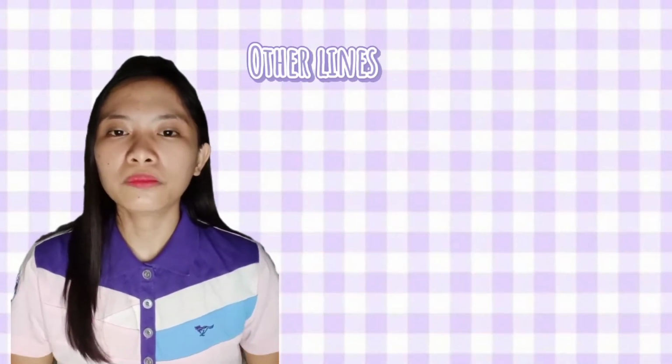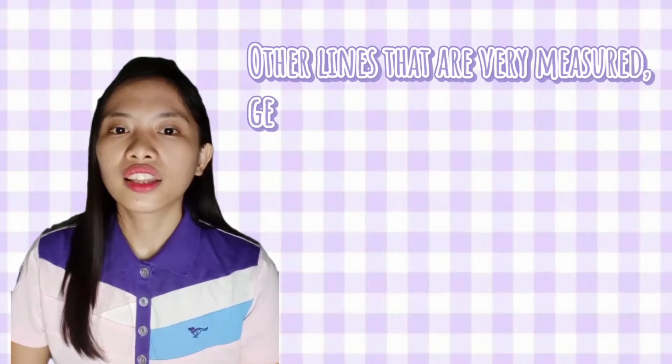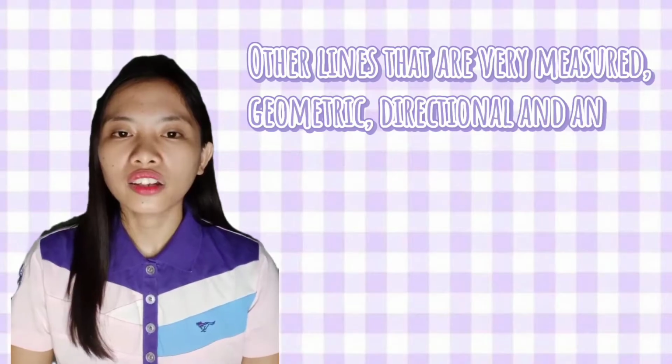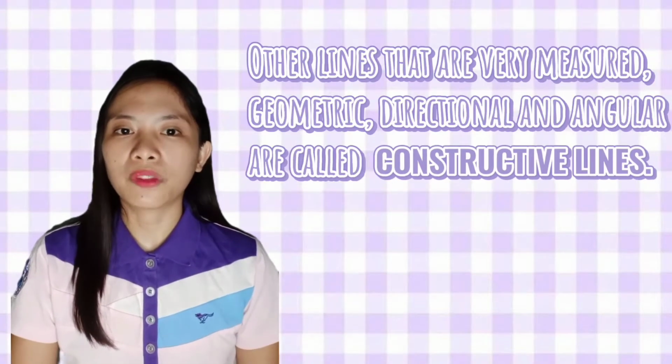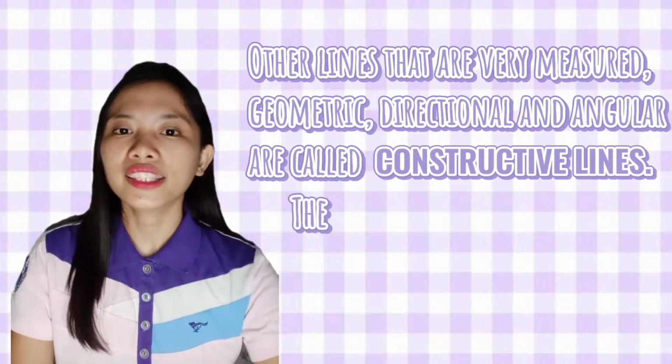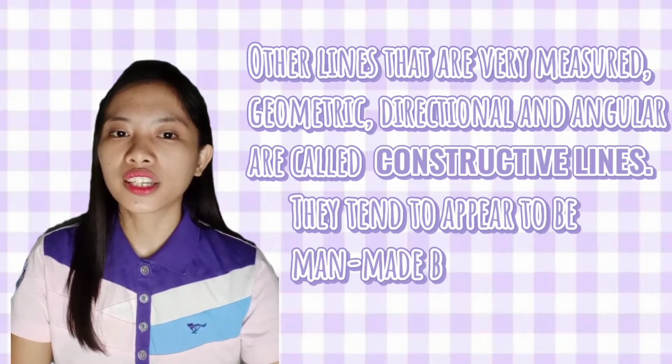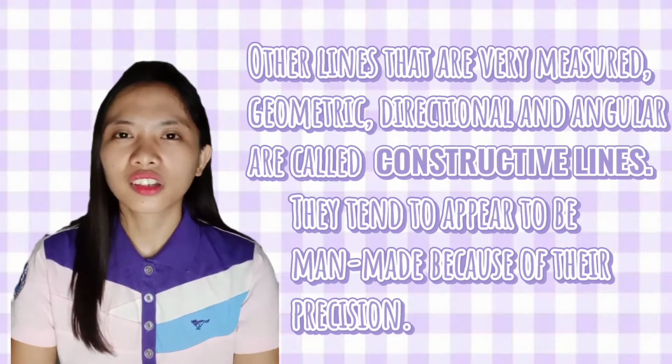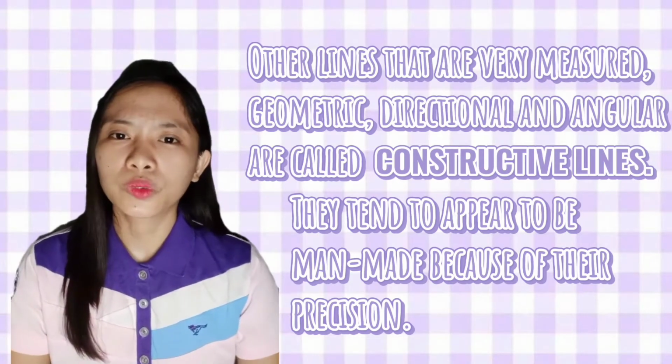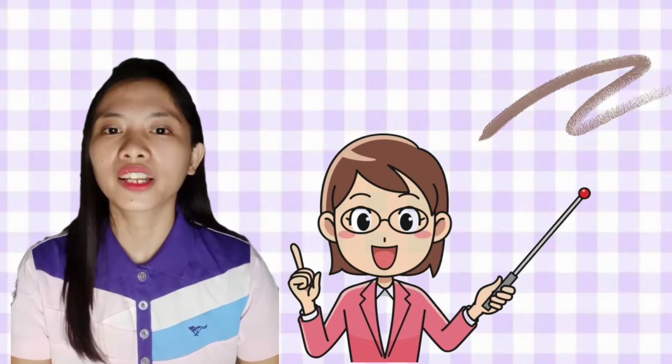Other lines that are very measured, geometric, directional, and angular are called constructive lines. They tend to appear to be man-made because of their precision. I remember when I was a kid, my teacher taught me how to draw a perfect line.